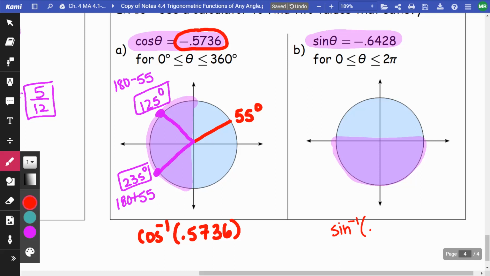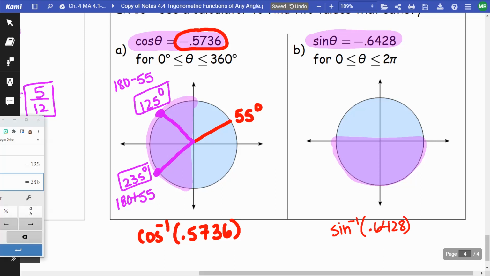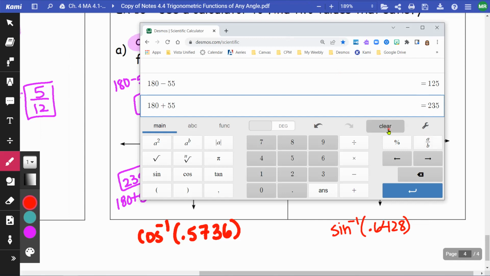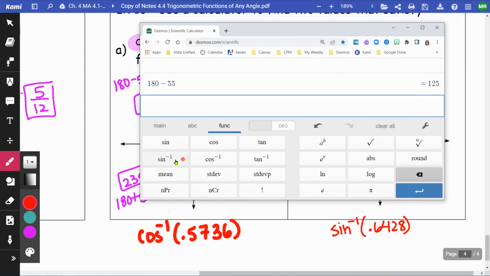So I'm going to go 0.6428, and that's going to give me my answer in quadrant 1. Let me clear all. I'm going to come to sine inverse. Now I want this in radians and not degrees.